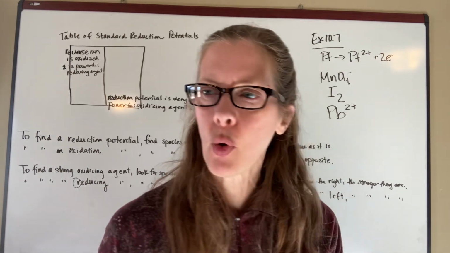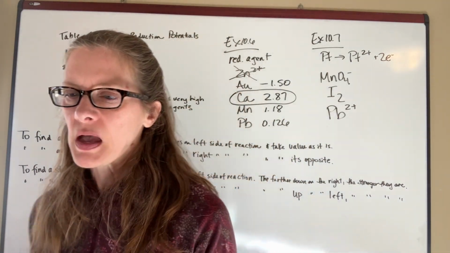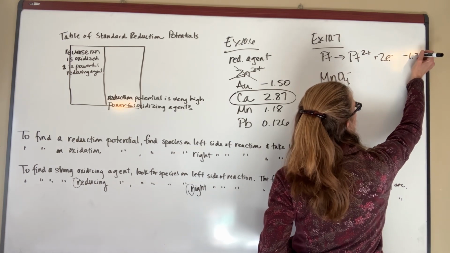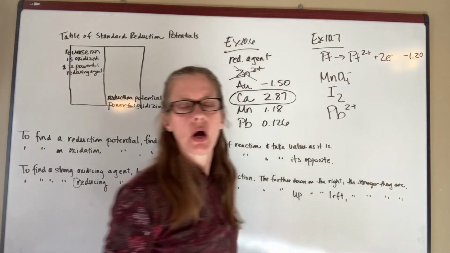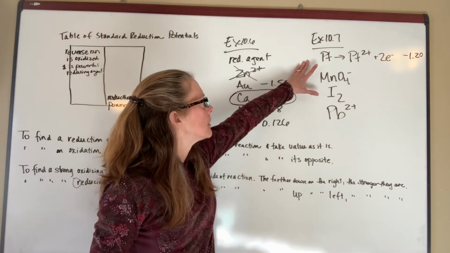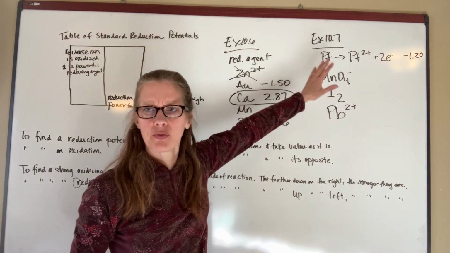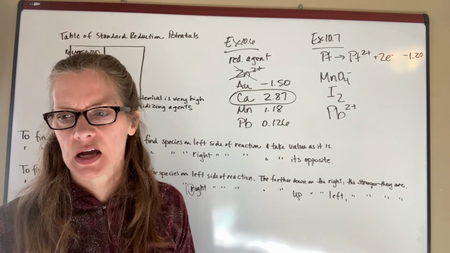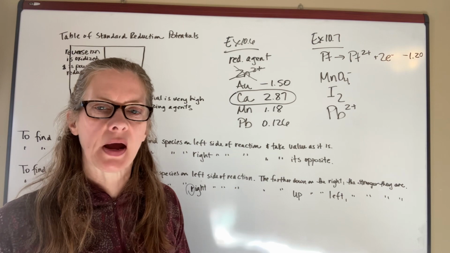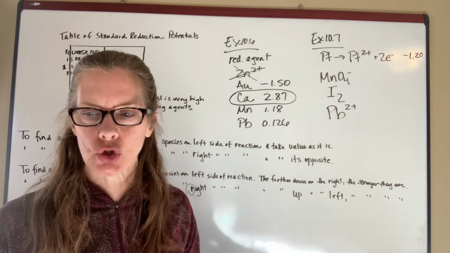It has a 1.20. And since I flipped this backwards, this reaction is going to have a negative 1.20. So this is being oxidized, and therefore I need a strong, powerful oxidizing agent. If I'm looking for an oxidizing agent, I have to have something that's going to be reduced.